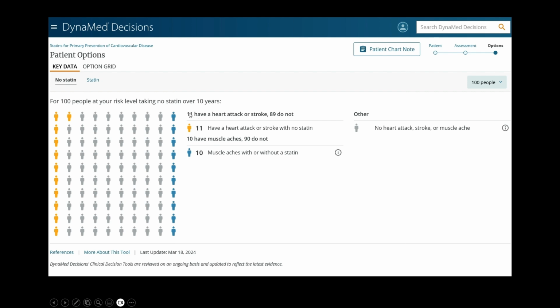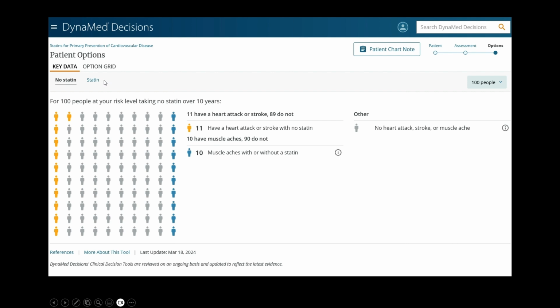And in addition to giving more precise quantitative estimates, the risk visualization also allows for more of a visual gist of anticipated outcomes for the course of action that might be taken. So in this case, no statin, although you can count up 11 people in this icon array, you can also visually gather a gist from just looking at the risk visualization.